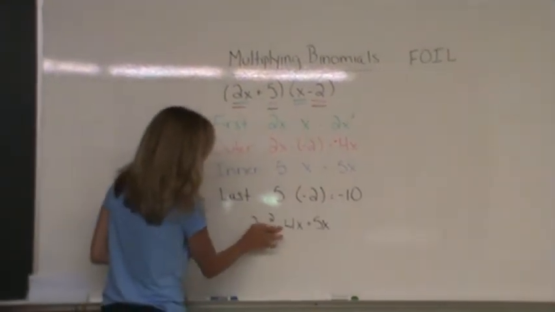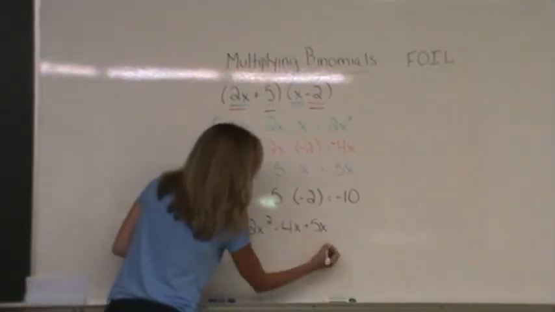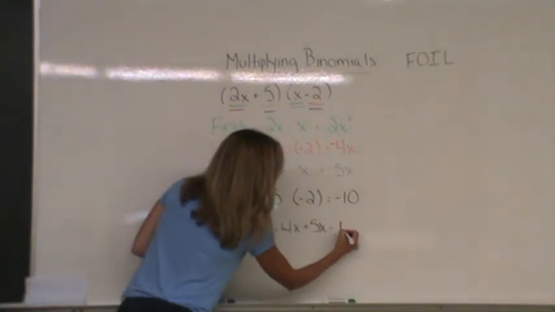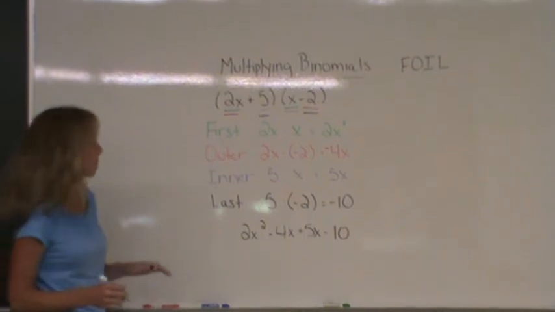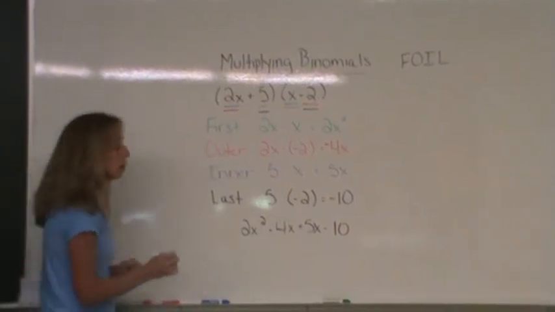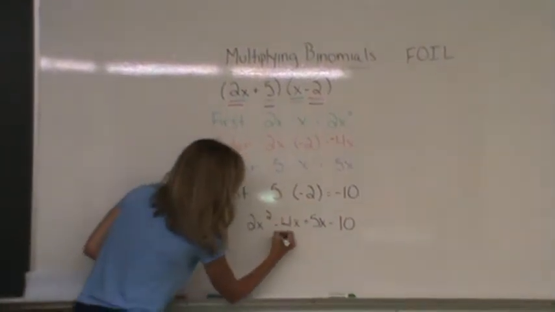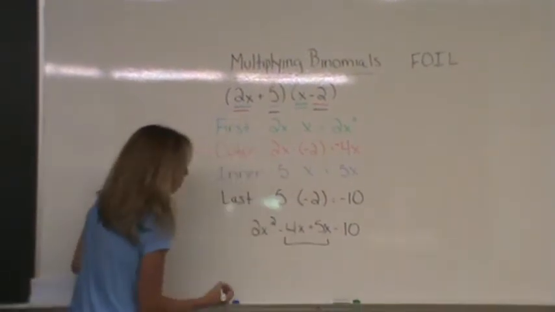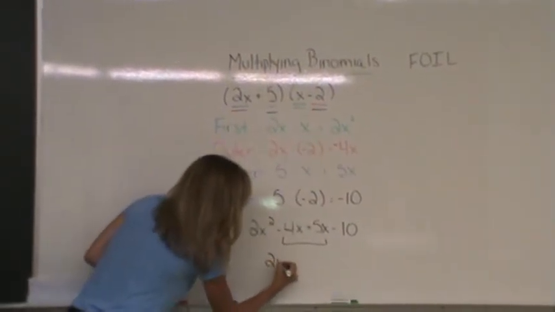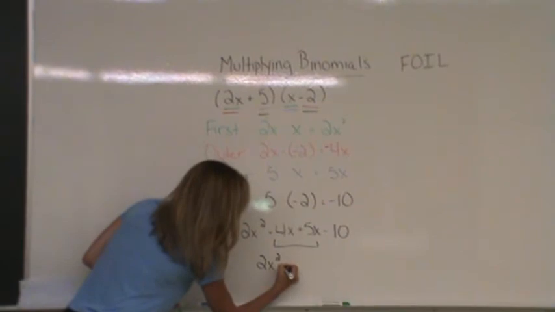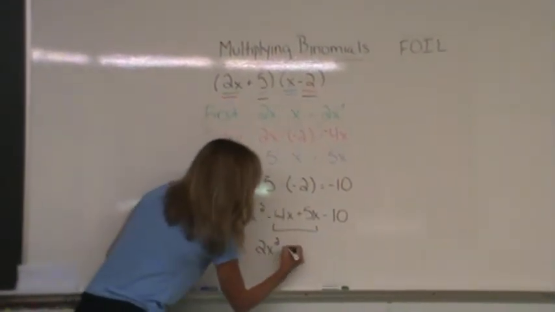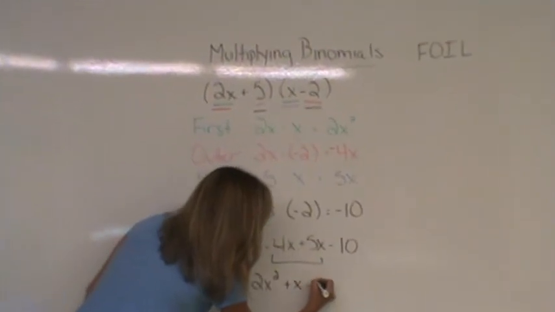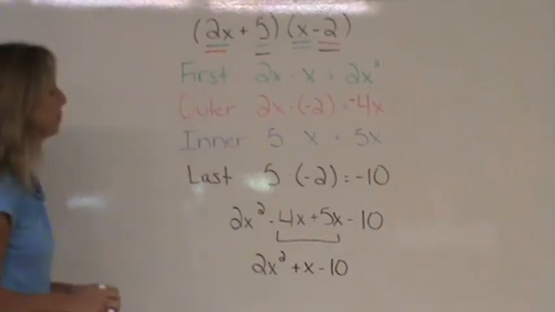So here we have a minus 4x, a plus 5x, and a minus 10 to give us a quadratic polynomial. Okay? We're not done yet though, because we have two like terms here that we can combine. So don't forget to combine those. 2x squared, a negative 4x, and a positive 5x gives us a positive x and minus 10.